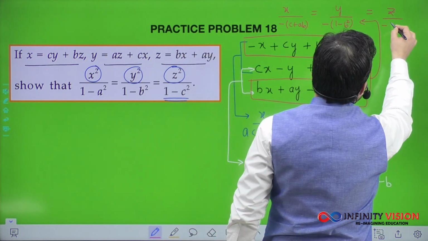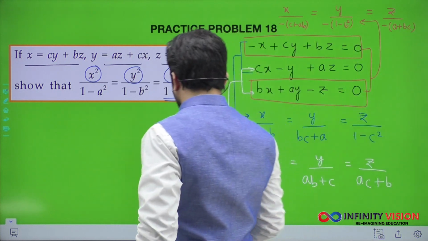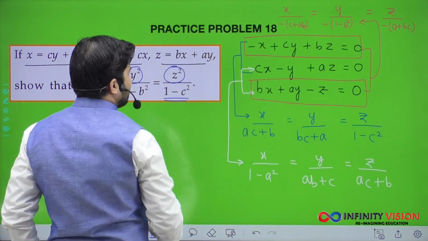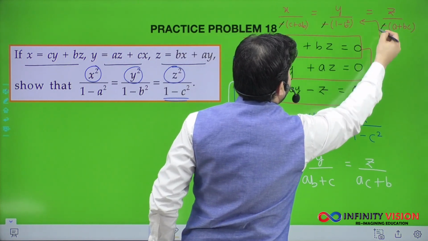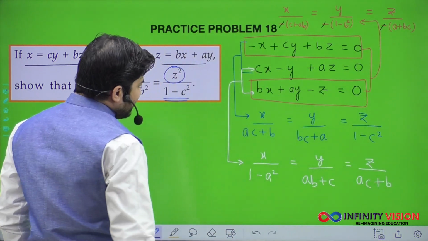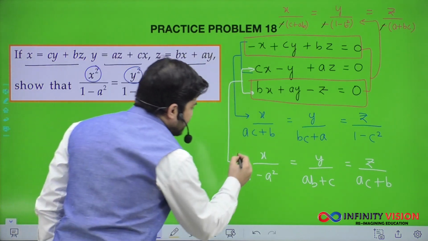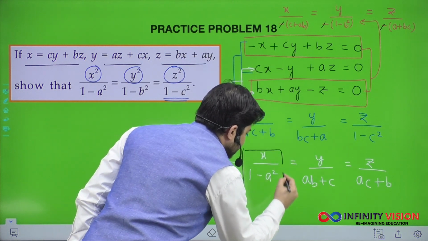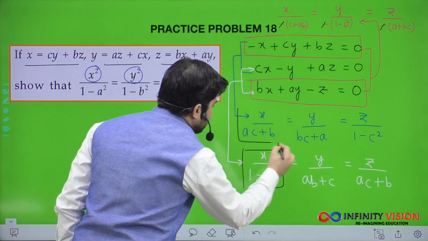So minus will again come out, a plus bc. Now what we can do? We can simply get rid of my minus. Now first thing I need is x square upon 1 minus a square. So I see here x into 1 minus a square.